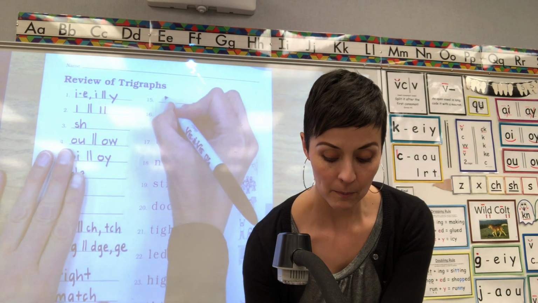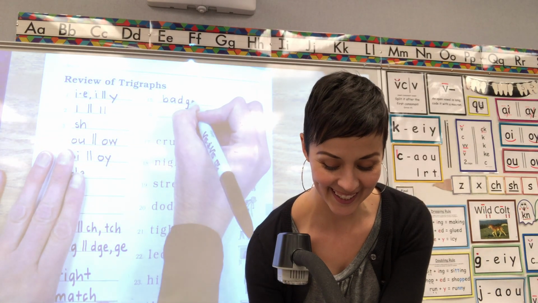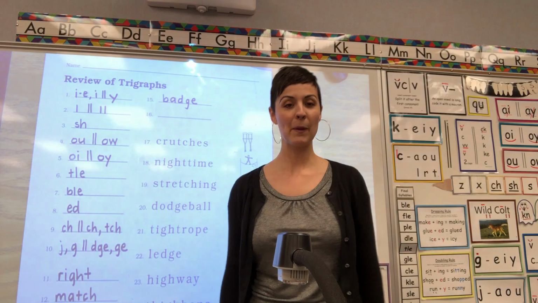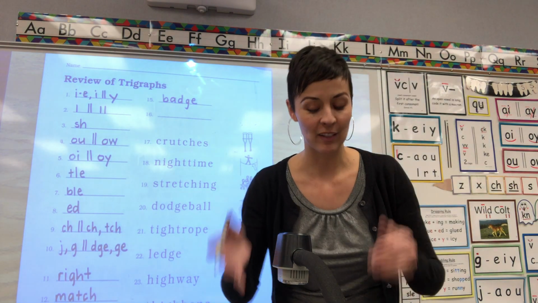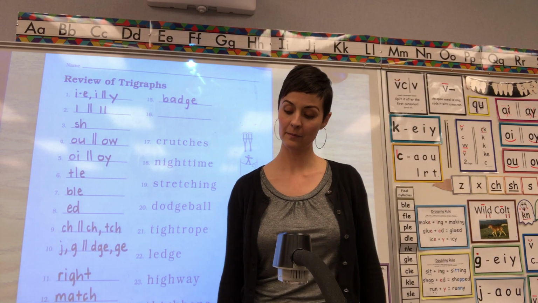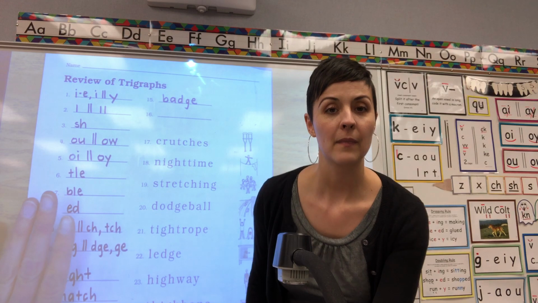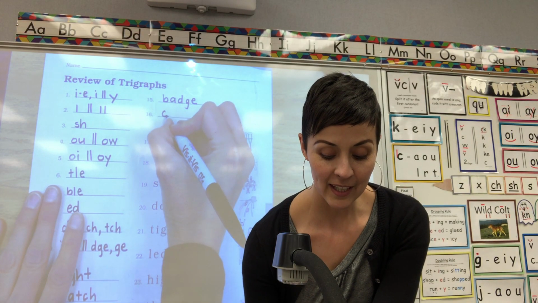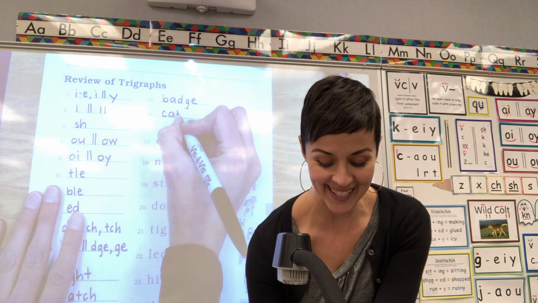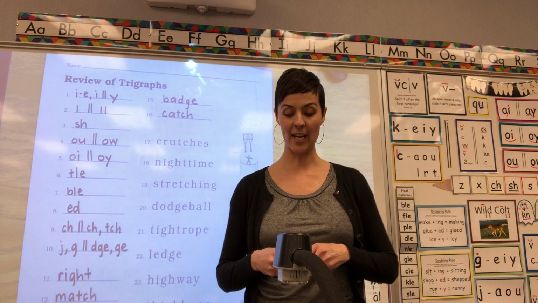Ready? B-A-D-G-E. You got it. 16, spell for me the word catch. What word? Catch. Okay, will you spell catch for me starting C? Ready? C-A-T-C-H. Nice work. Trigraph TCH.